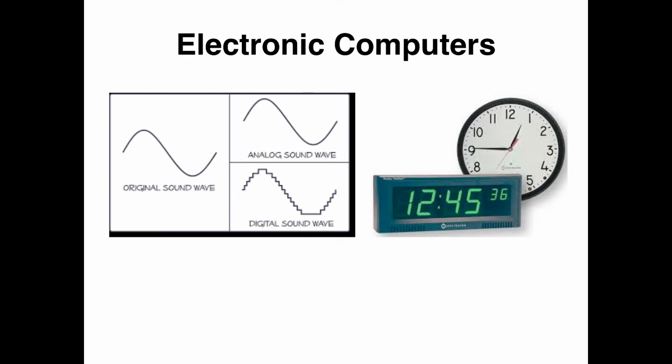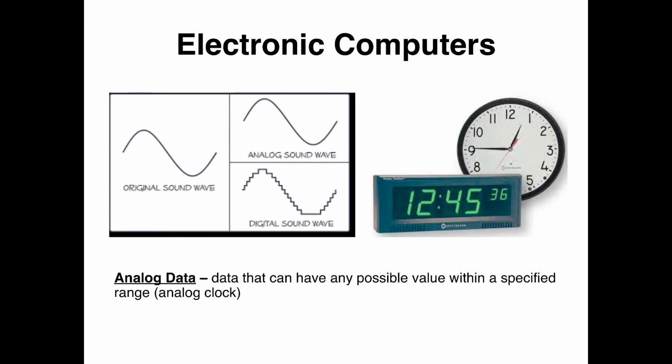Now, you have to understand something about data in order to understand how computers work. There's essentially two types of data. There's analog data and there's digital data. Analog data is data that can have any possible value within a specified range. An analog clock is shown in the picture with the numbers and the hands.